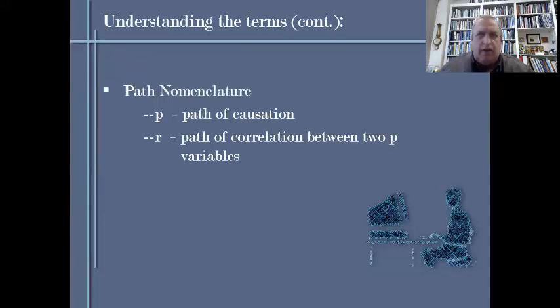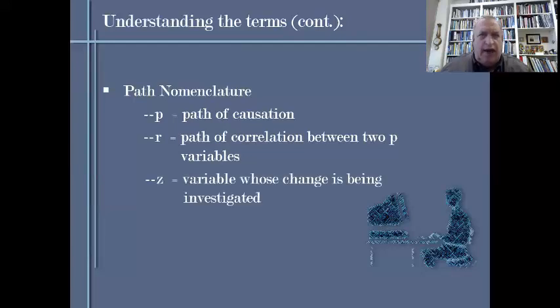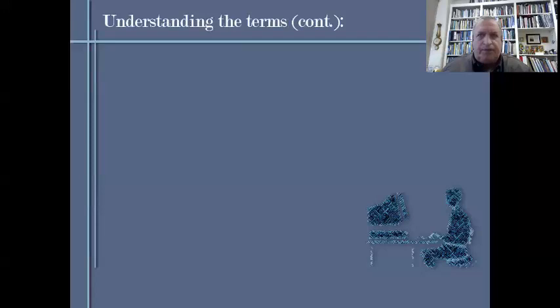So the P variables usually are going to be those that are going to be exogenous, and they will have a correlation between those, and their path will be represented by an R path. And then we have the Z, which is the variable whose change is being investigated, or it can be the other variables as well, because we're looking in relationship to the Z-scores of those individual variables.